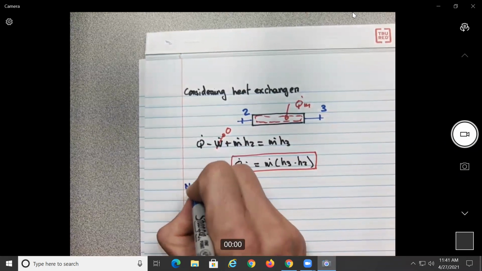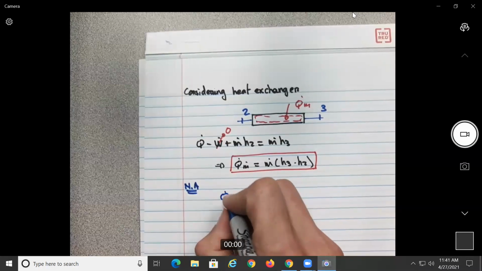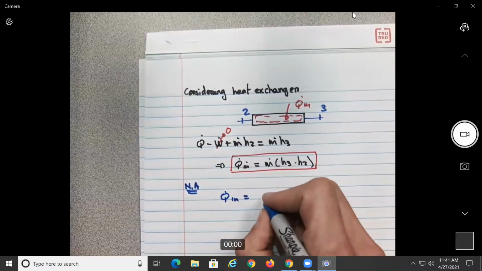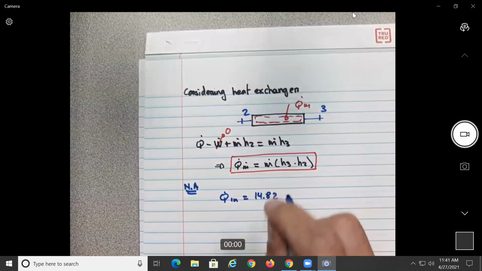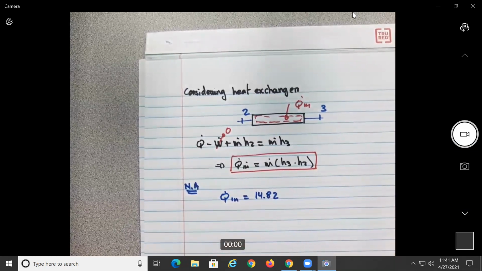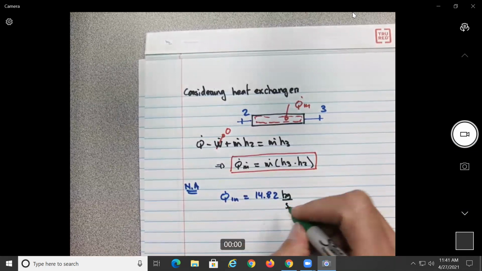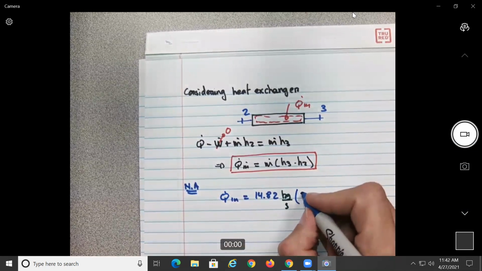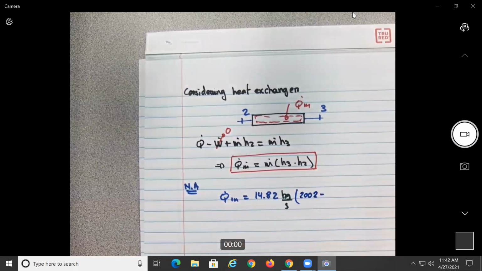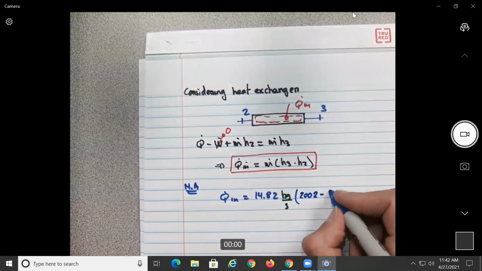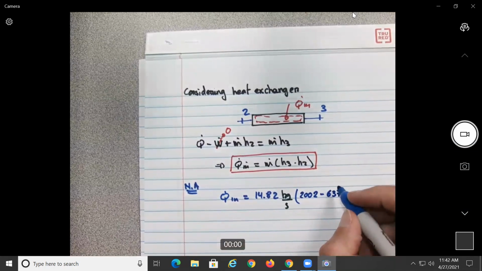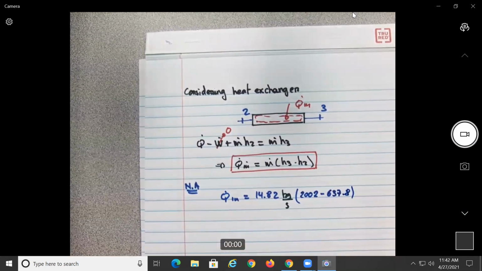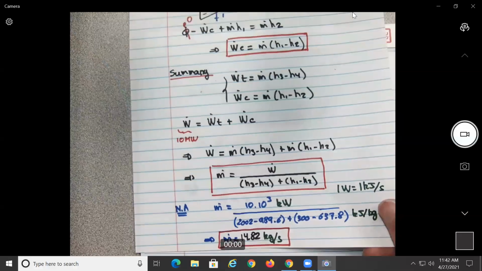So if we do our numerical application, we're gonna have Q in will be equal to the 14.82 kilogram seconds times H3 is 2002 minus H2 should be 637.8, I'm getting this from the previous calculation, okay?